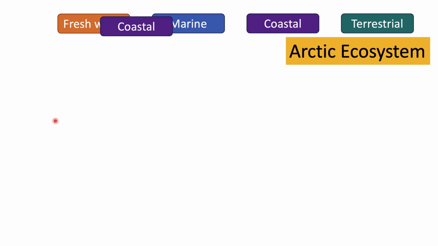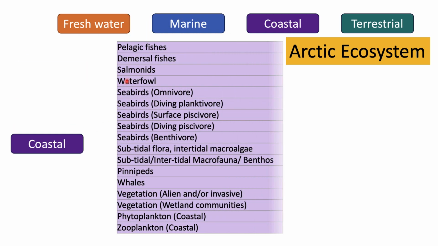The next one is the coastal ecosystem. In the coastal ecosystem, we have pelagic fishes, salmonids, waterfowl, whales and vegetation. Zooplankton and phytoplankton also live in the coastal region. Seabirds also live mainly in the coastal region.